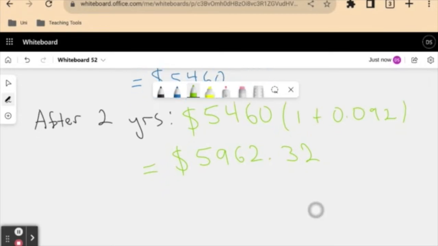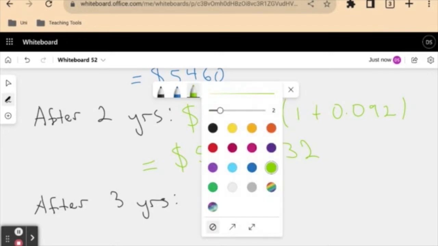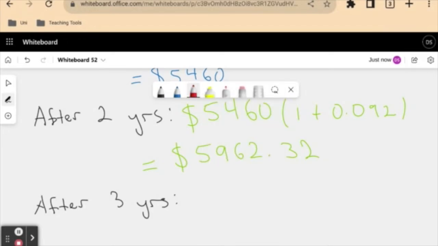Let's do this one more time, and then we're going to find a pattern here. Because financial maths and later maths in terms of finance, it's all about these types of patterns. Now, after 3 years, I'm going to have my amount owed. This is my total accumulated amount, including the principal, with my rate increase.